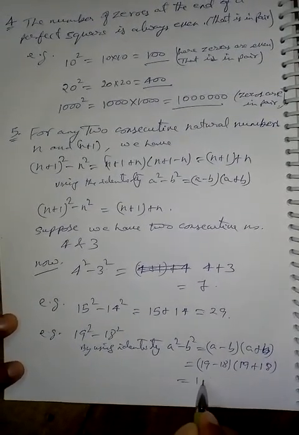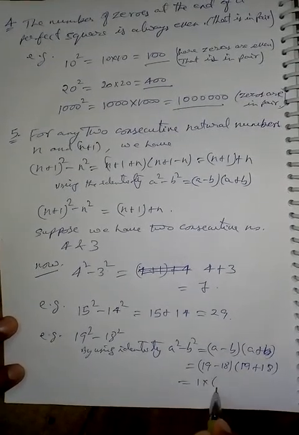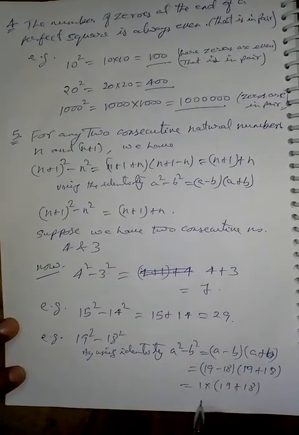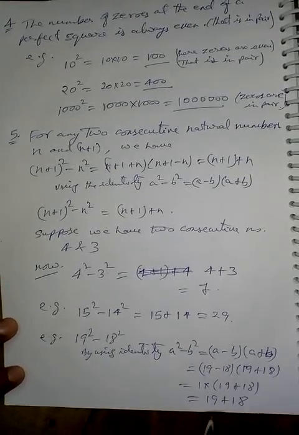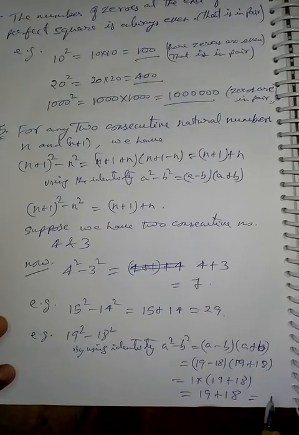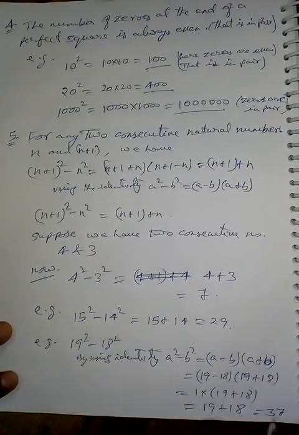That is 1 into 19 plus 18, that is 19 plus 18, equal to 37.